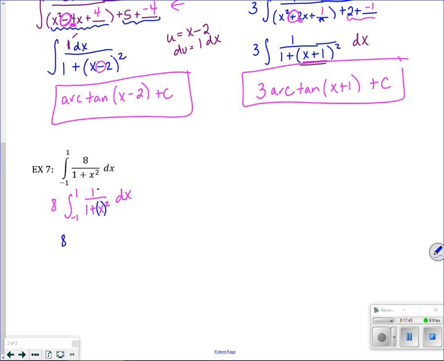So this is going to integrate to arctangent of x, and I'm going to evaluate from -1 to 1. Because if you had a definite integral, you'd have to get an answer, so you have to remember how to evaluate these trig things. That's equal to 8 times the arctangent of 1 minus the arctangent of -1.